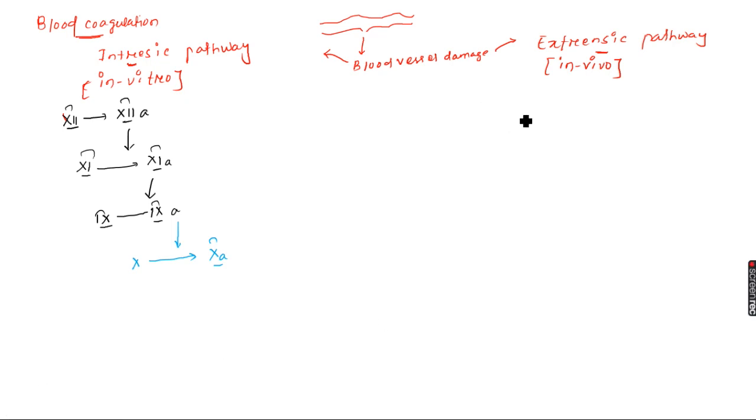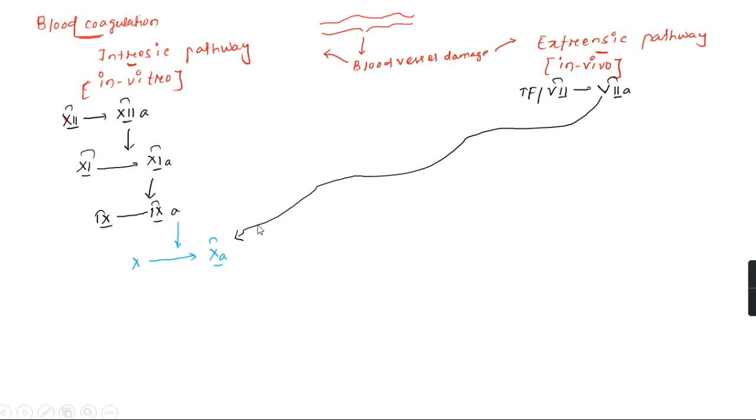Let us discuss the other pathway. It is activated by tissue factor or factor 7, which is converted to its active form, factor 7A. Then factor 7A directly activates factor 10A.